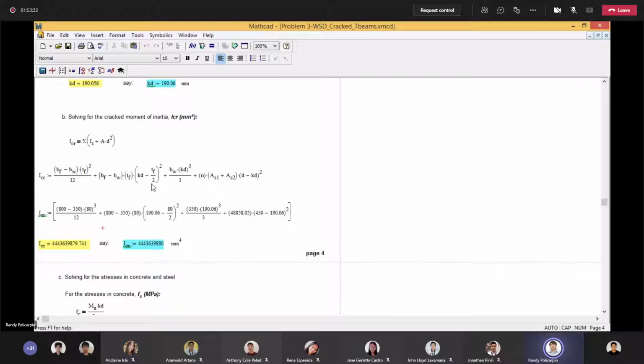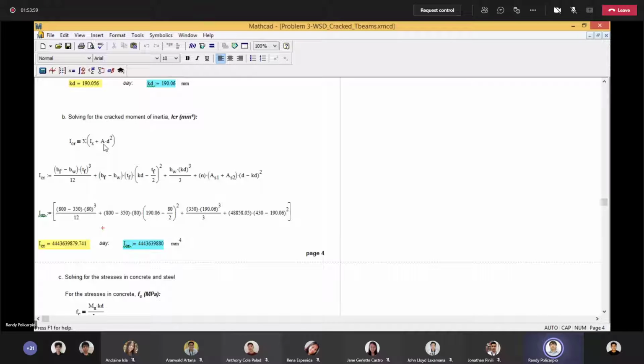So this is the d square. So it is kd minus tf over 2 square, no? Tapos ito yung rectangle na merong bw. Ito yung kanyang moment of inertia with respect to the neutral axis. And then, yung ating still, no? Ang kanyang distance from the neutral axis ay d minus kd.